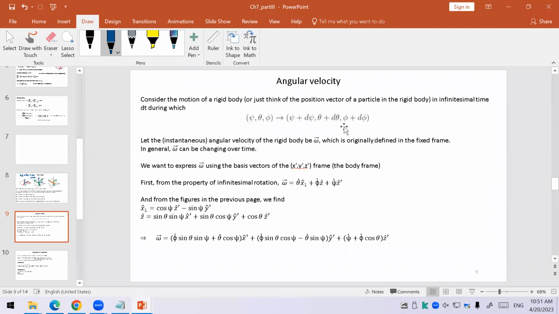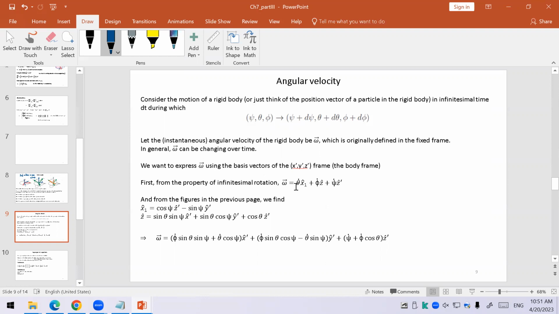So then the omega vector can just be expressed in this way. Right. Because infinitesimal rotations follow the rules of vector addition. Right, so remember that, right?